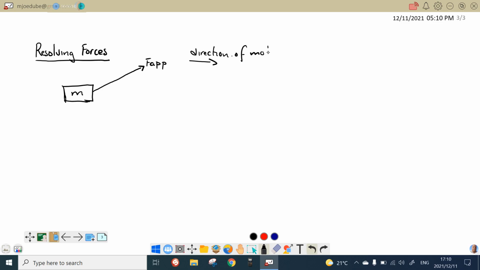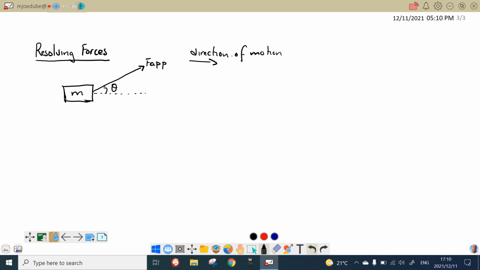The force is acting at an angle theta to the horizontal. Now, what you need to be able to do is determine the forces that bring about the motion of the object along the horizontal plane.